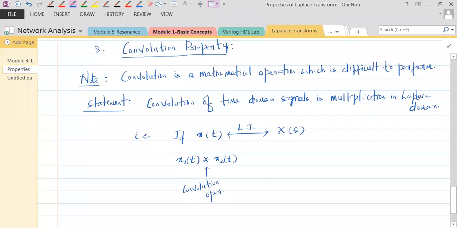So these two signals are being convolved in time domain. If you have such two signals which are being convolved, then what happens in the Laplace domain? x1 of t is x1 of s, x2 of t is x2 of s in s domain. So it is simple multiplication of signals.